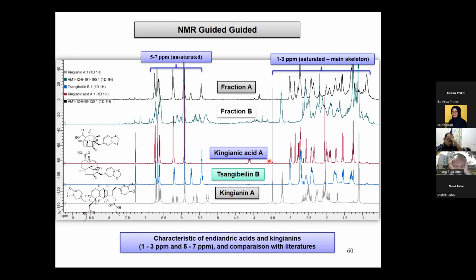Because I isolated this one as a major compound, I continued hunting the compounds. For this project I got 10 new compounds for the acid series, and 3 new compounds for the kingianin Z. I think I finished this project during my PhD in 9 months.